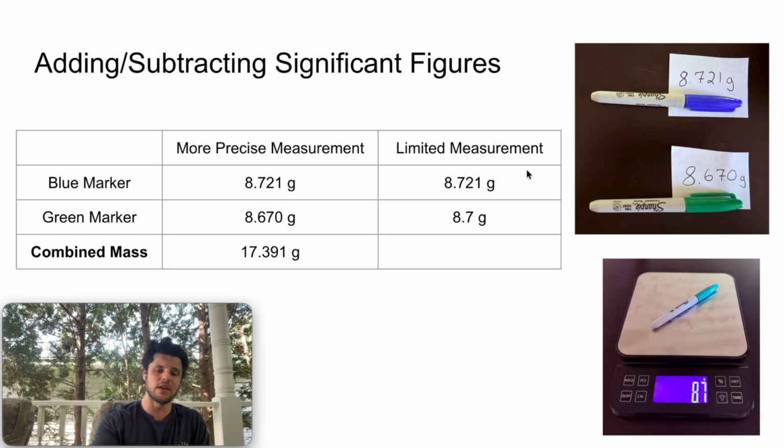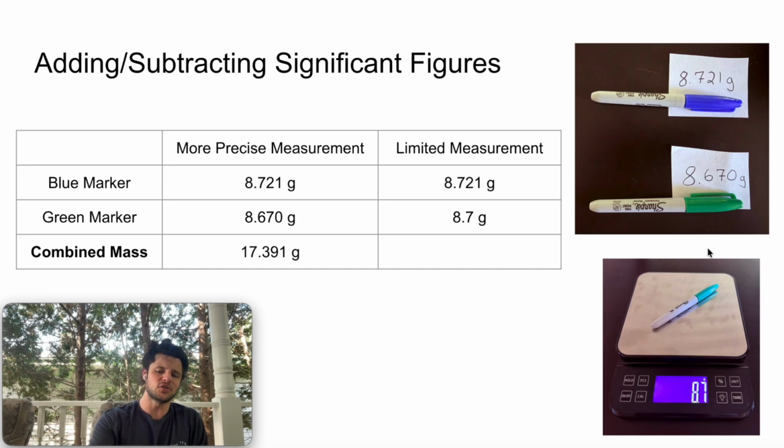So at that point, now I've got a limited measurement for my green marker. I have a more precise measurement for my blue marker, and a limited measurement for my green marker. So I've got 8.721 grams for my blue marker, again, accurate to the thousandths. But remember that our less accurate scale in the classroom only gave us a measurement of 8.7 grams, just down to the tenths of a gram.